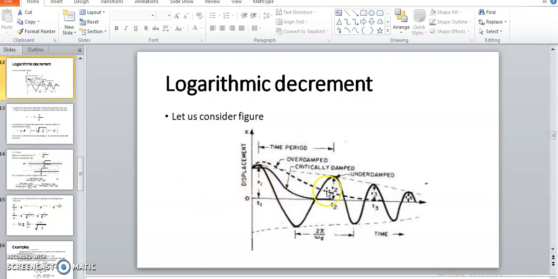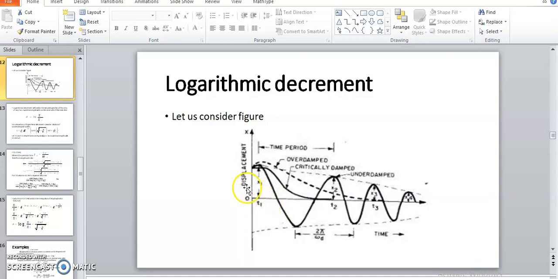Here the two successive amplitudes are x1, x2. You can consider x2, x3, or x3, x4. The natural logarithm of the ratio x1 by x2, ln of x1 by x2, is nothing but the logarithmic decrement.